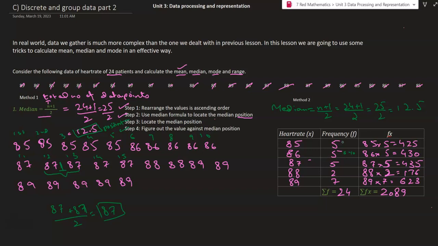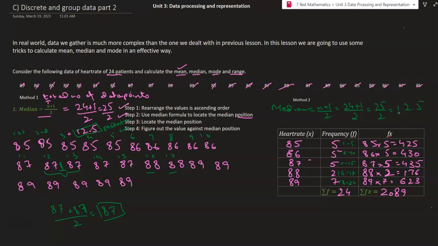So positions 1 to 5 are 85, positions 6 to 10 are 86, and 87 has a frequency of 5, so positions 11 to 15 are 87. Then we have 2 positions, 16 and 17, occupied by 88. All the rest, from 18 to 24, are occupied by 89.